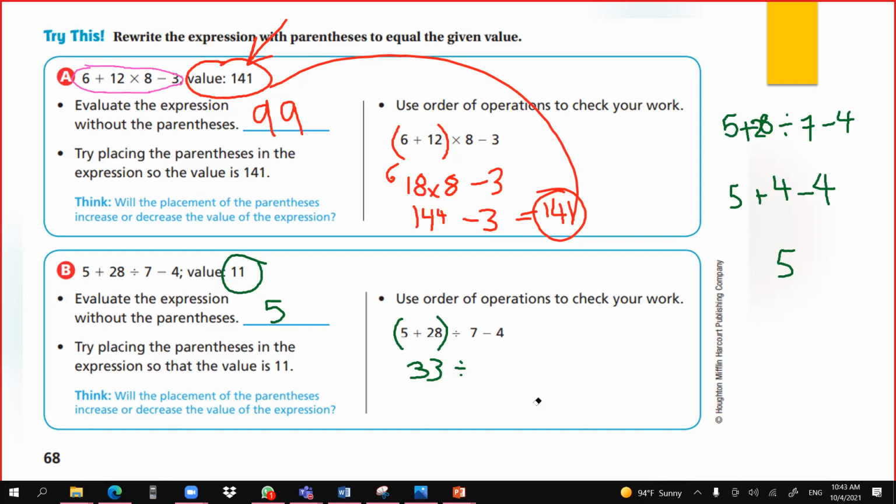What can I do in order to get to 3? How can you make 7 minus 4 to be 3 and to be solved first?